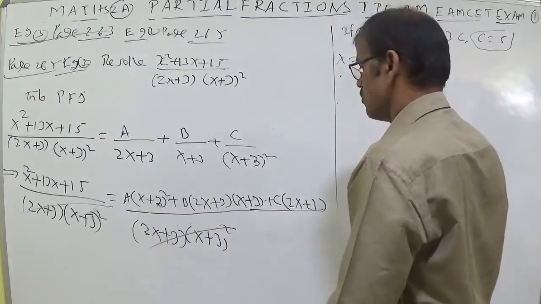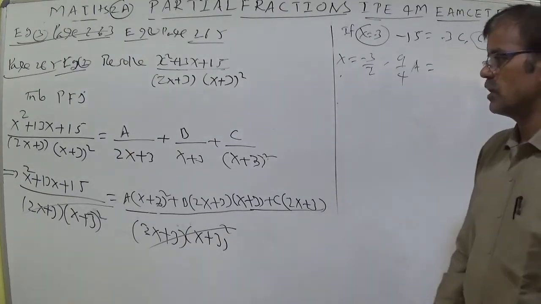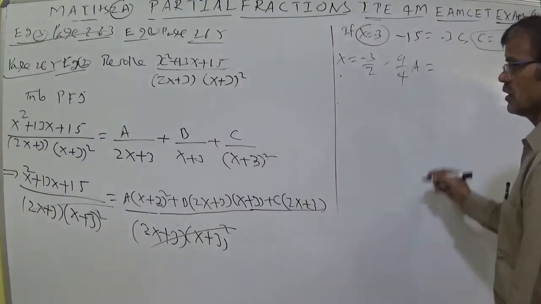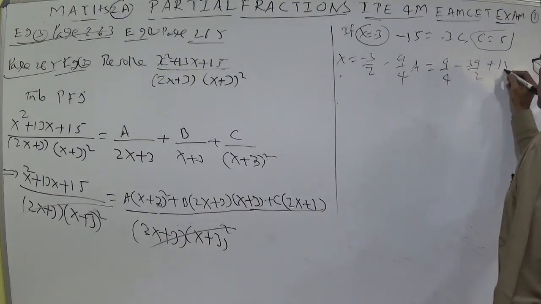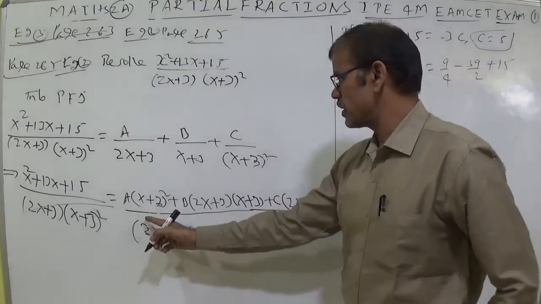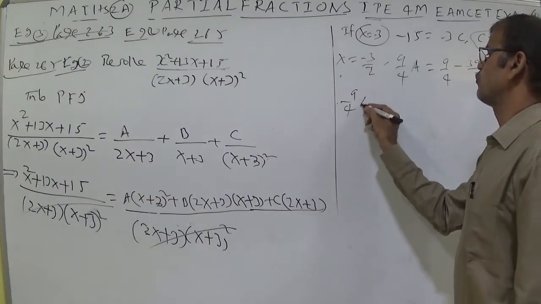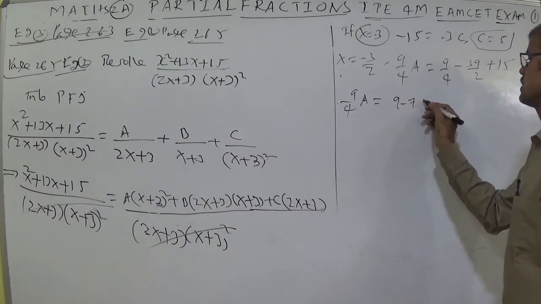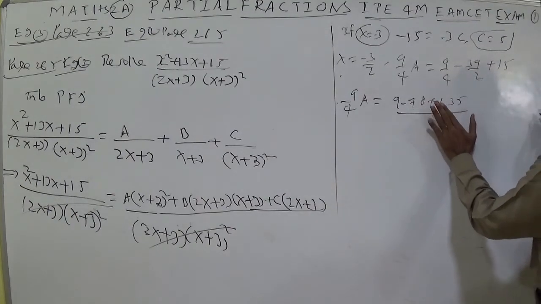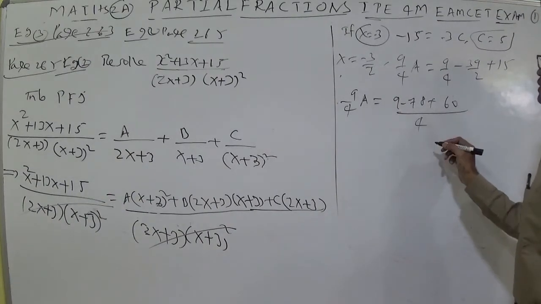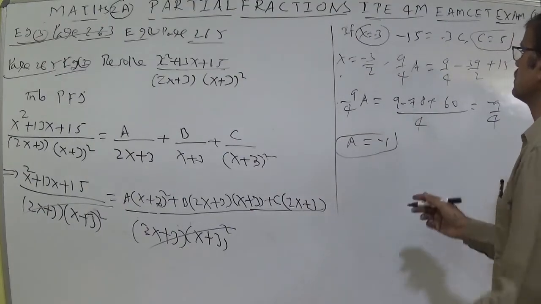Here -3/2 + 3 is 3/2, whose square is 9/4, so we get 9A/4. On the other side, 9/4 - 39/2 + 15. Taking the LCM 4, we get (9 - 78 + 60)/4 = -9/4. So A = -1.